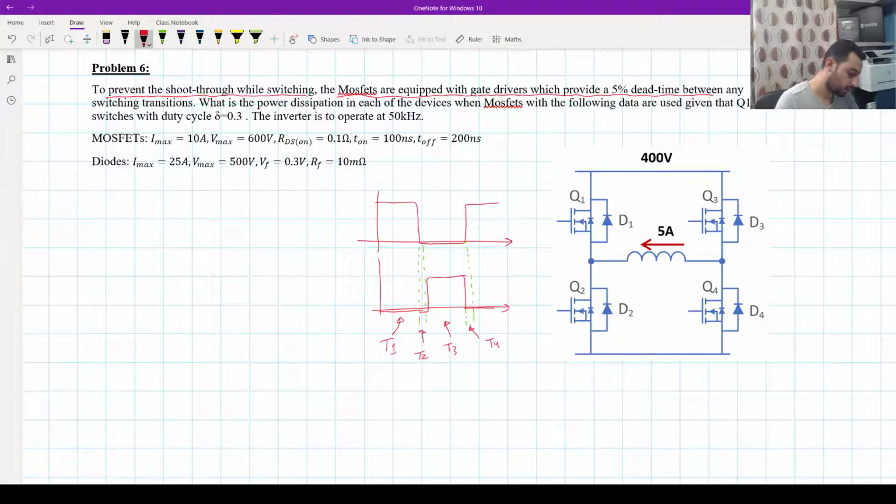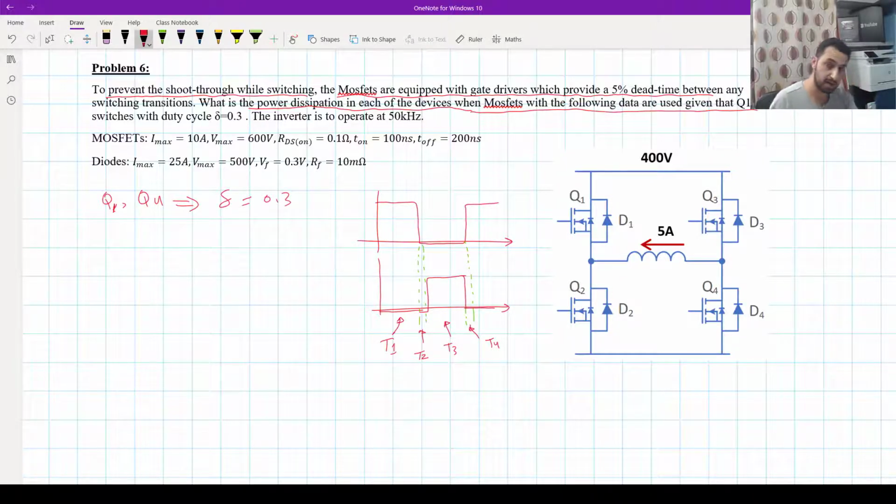Now, what is the power dissipation in each device? In each device means switches, MOSFETs and diodes, when diodes with the following data are used, given that Q1 switches with a duty cycle of 0.3. Again, Q1 and Q4 will have delta as 0.3.